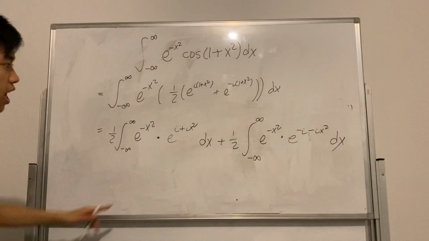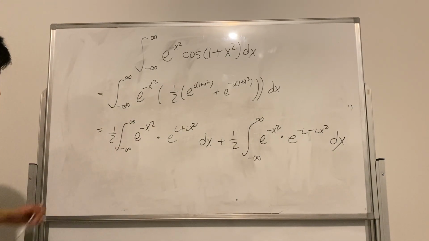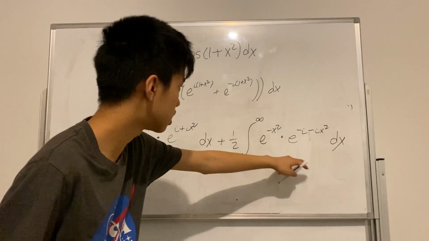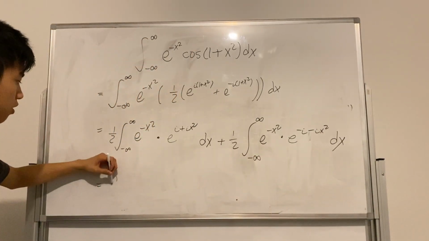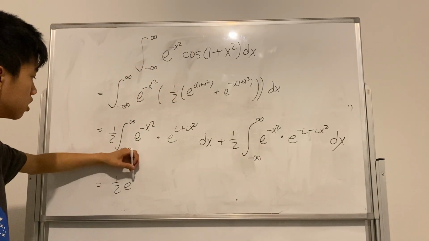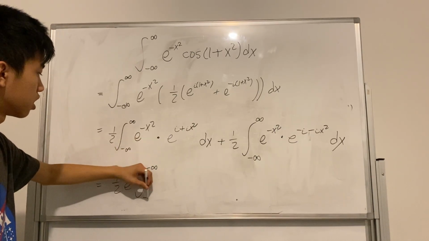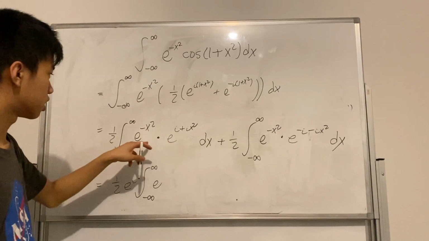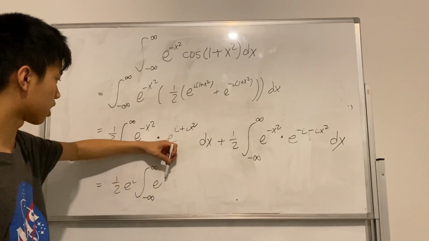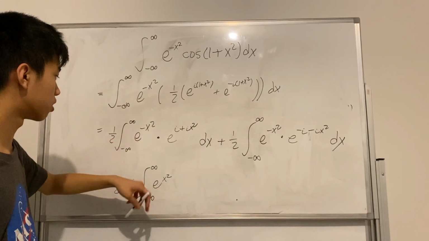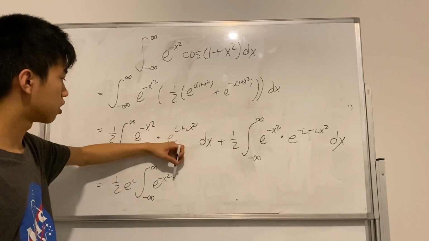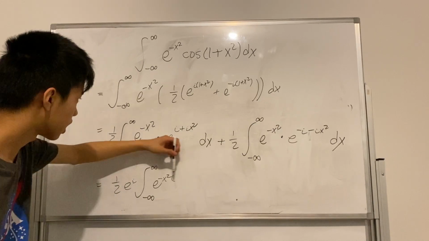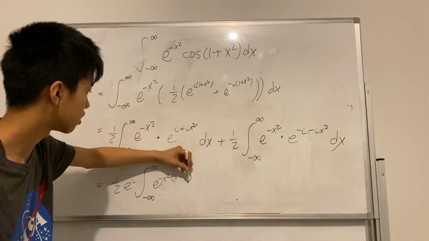Now we can factor out e to the i because that's a constant for the left side, and e to the negative i on this side. So we have 1/2 e to the i times the integral of e to the, now we can factor negative x squared out, then we have 1 minus i, dx.